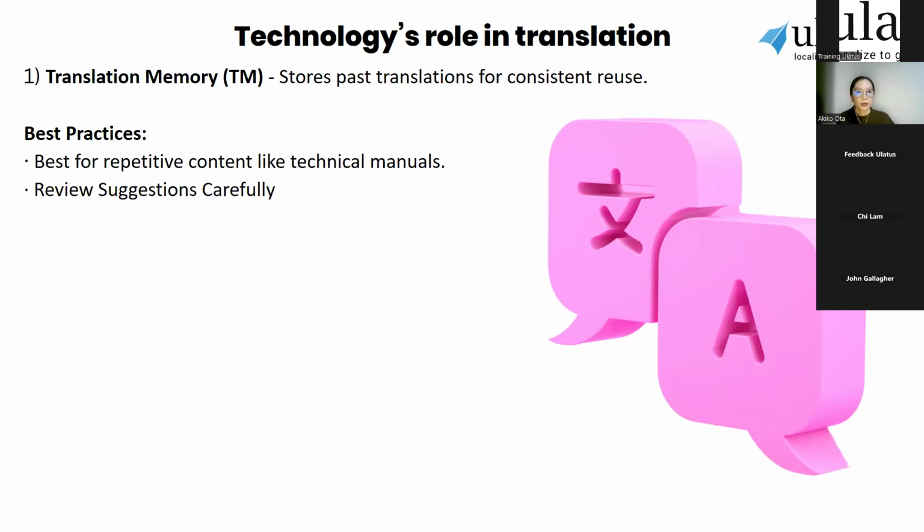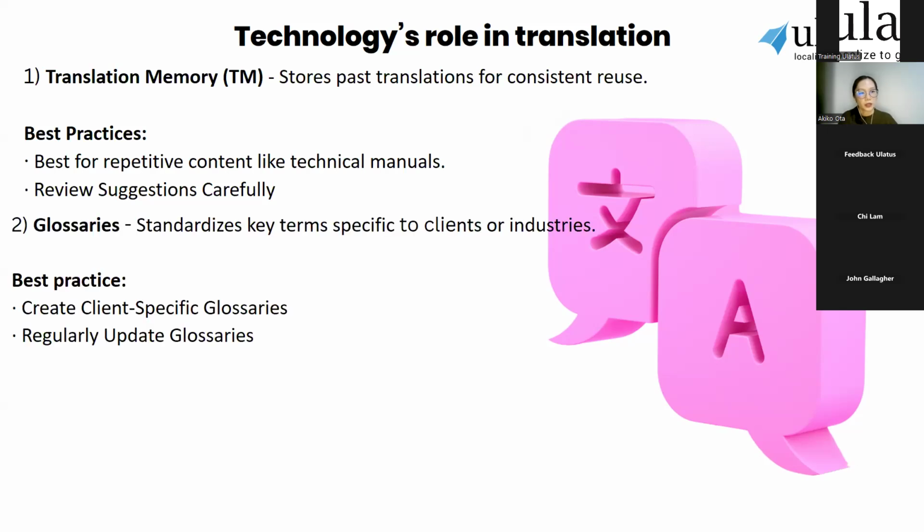Let's move back on to this technology we have been discussing. The second technology we have listed is glossaries. We should develop glossaries tailored to specific clients or industries to align with their terminology preferences.